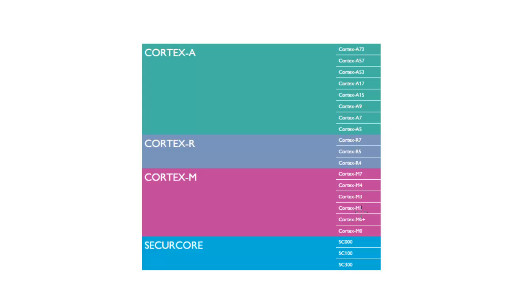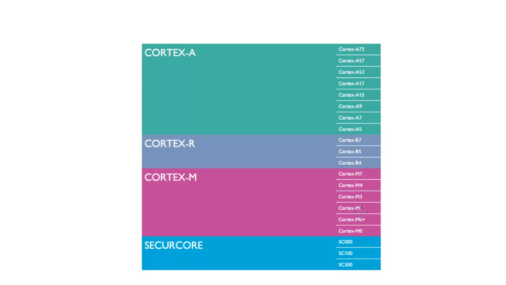In the second part of the series, we would look at porting a real-time operating system on the Cortex microcontroller that we'll be working with throughout the series. So that is the overview of the series.